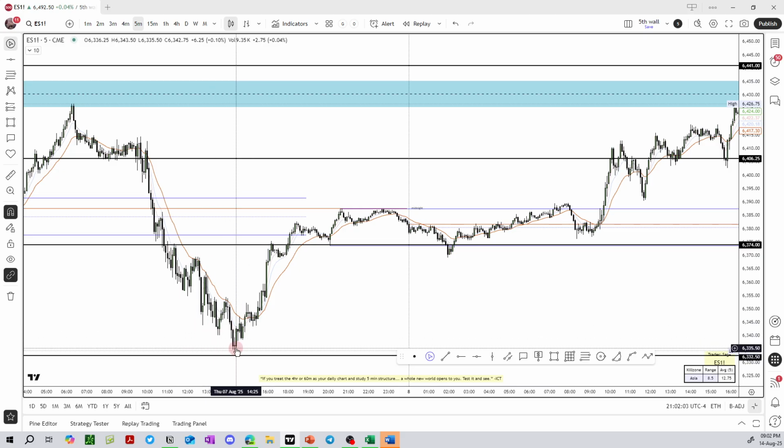That takes out liquidity. Here you have a break in structure, pull back into a balanced price range or a fair value gap. And then boom, hits the level, breaks through it, pulls back to it, takes out the high.